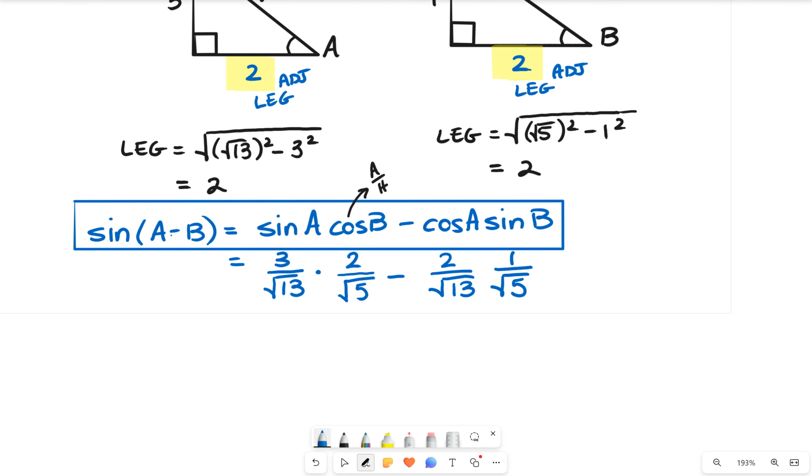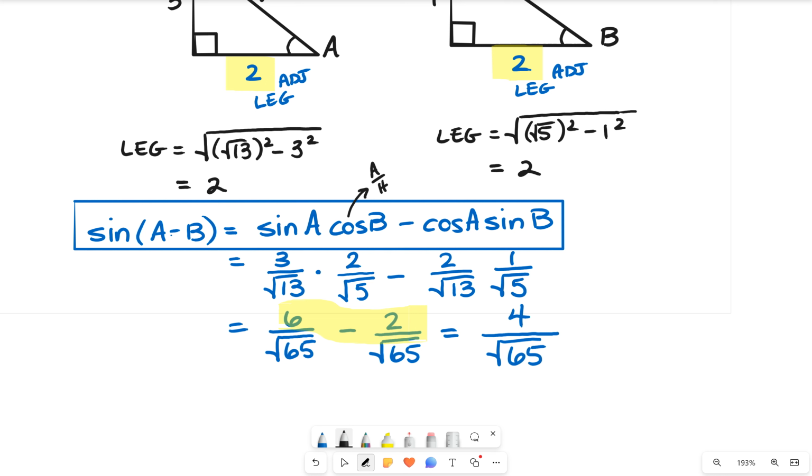I'm going to put my minus, multiply your numerator values: 2 times 1 is a 2. And then I need to multiply my denominator values. 13 times 5 is a square root of 65. My denominators are the same, so I can combine by subtracting the 6 minus the 2, and that gives me a 4 over my common denominator of square root of 65.